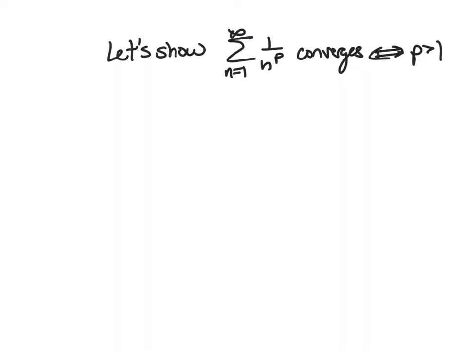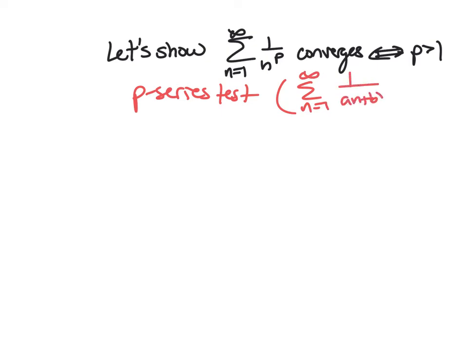All right, so let's use the integral test to show this fact. This is what's called the p-series test. And more generally, we can actually say that the series of the form 1 over (an plus b) to the p converges if and only if p is greater than 1, where a and b are just real numbers.